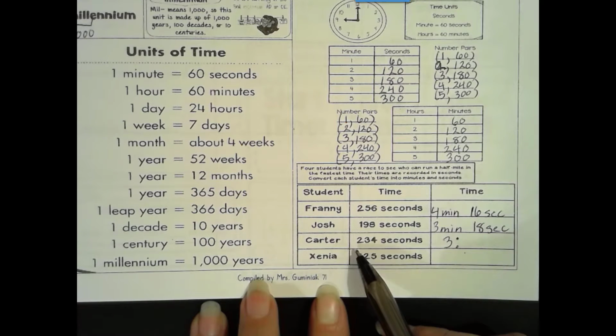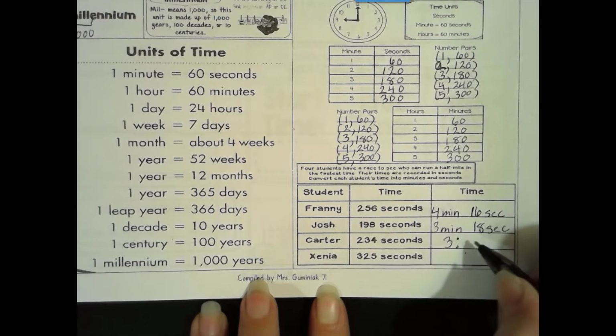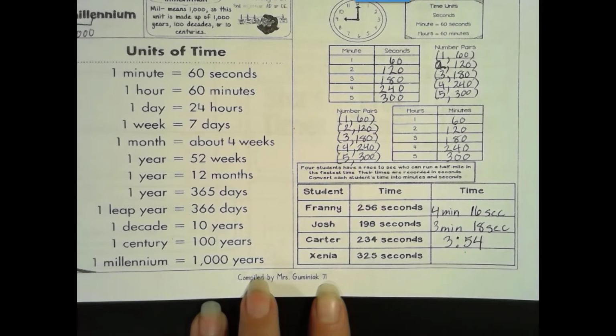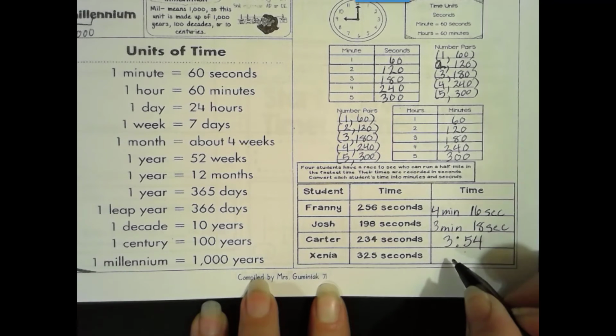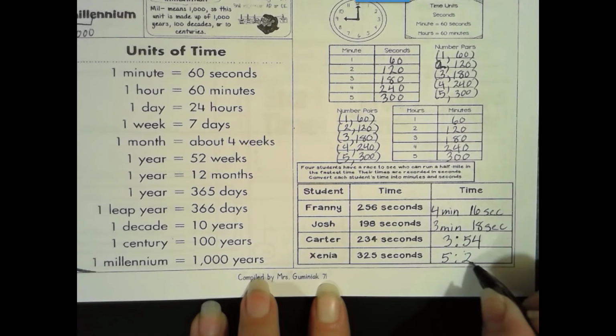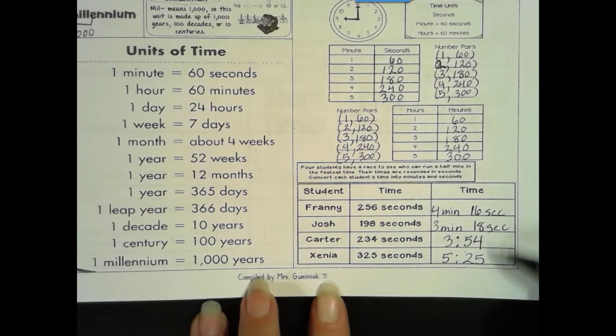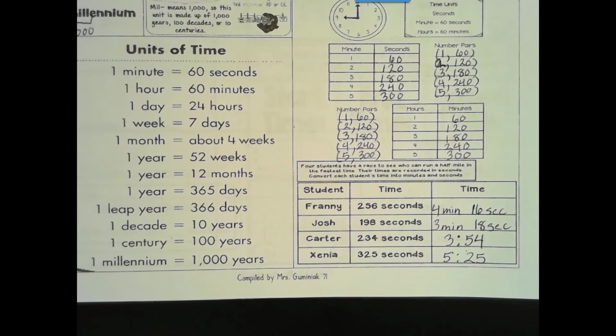And then 234 take away 180 would be 54 seconds. 325, well, that would be 5 minutes. So 300 leaving 25 seconds. So those are 2 different ways of being able to write that time.